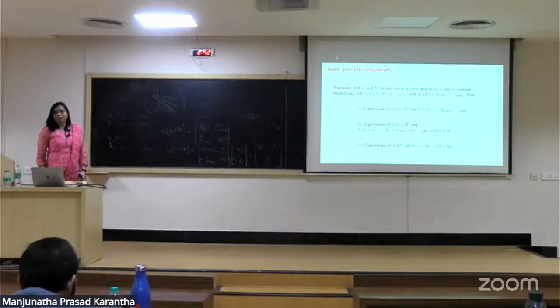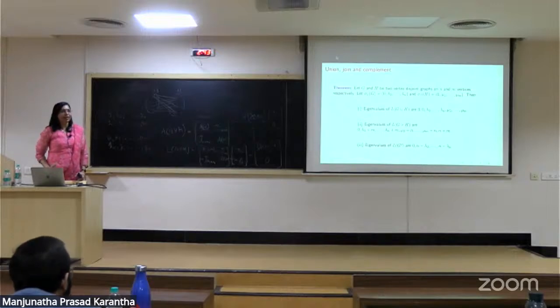Then the last one is m plus n. If you want to look for its eigenvector, you have to choose one eigenvector which is orthogonal to all the eigenvectors we have taken.